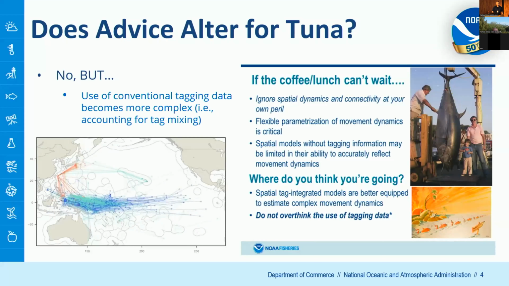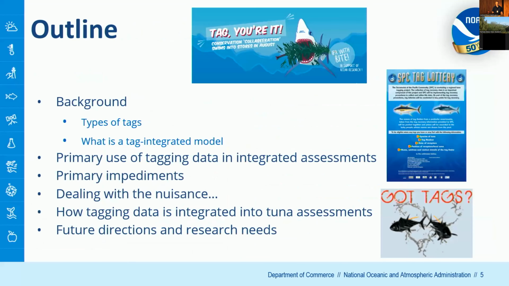But it illustrates the point that you're dealing with these giant ocean basins, and dealing with mixing of fish across these huge regions is a huge issue. So I think the main point here is that it changes from don't overthink it to think about it. That doesn't really help in the conversation here because everyone already knows that, but it's good to emphasize.